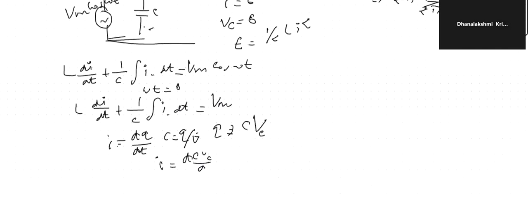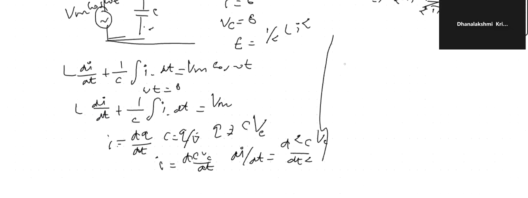Then di by dt is equal to C d squared Vc by dt squared, since C is constant. Then L into di by dt becomes L C d squared Vc by dt squared, and 1 by C integral of i dt is equal to Vc.